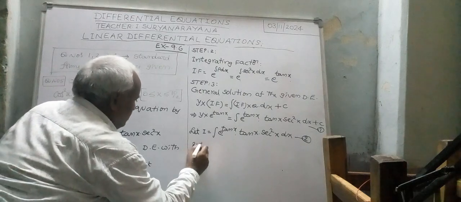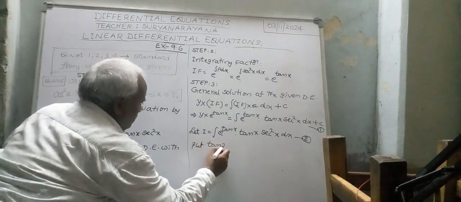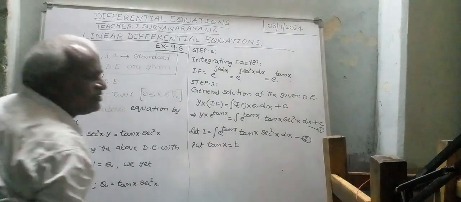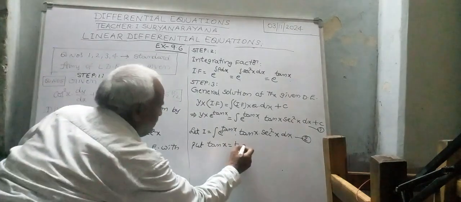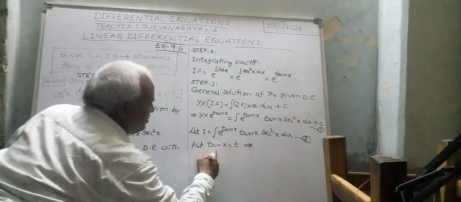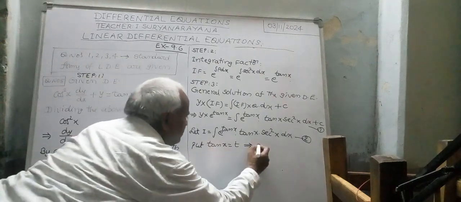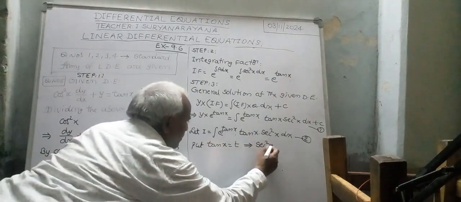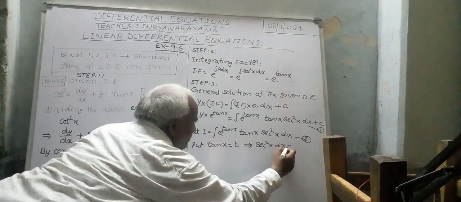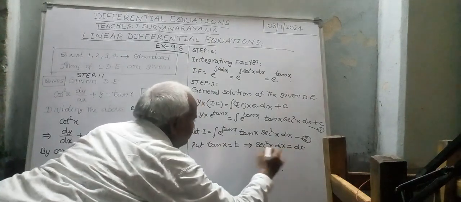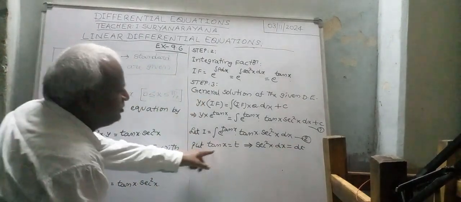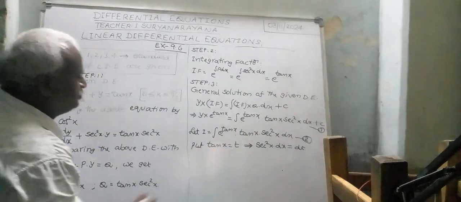Put tan x is equal to t. By taking differentials on both sides, what will we get? Derivative of tan x, secant square x into dx, is equal to dt. We substitute these two values in equation 2.